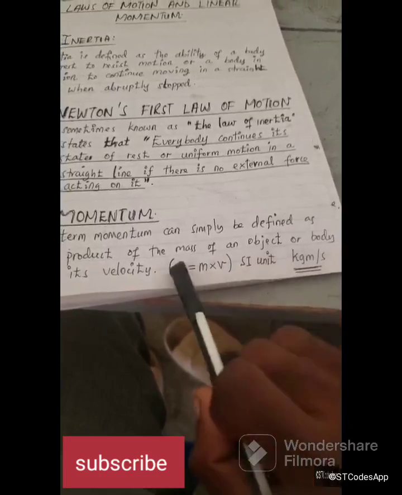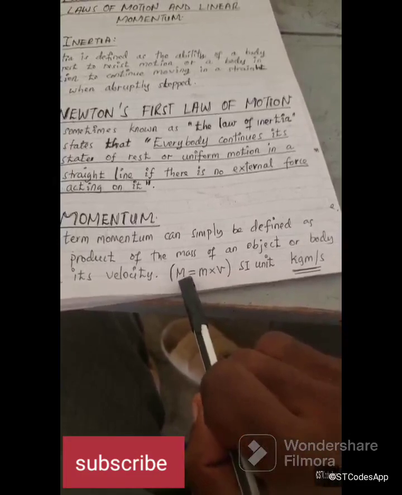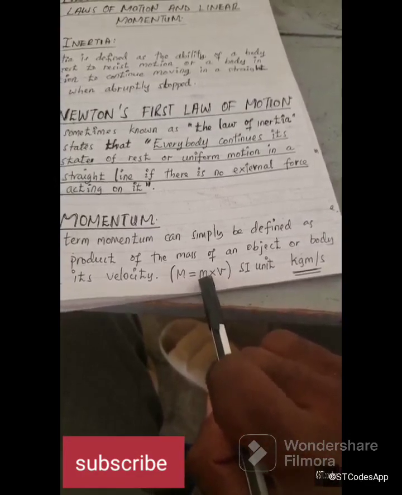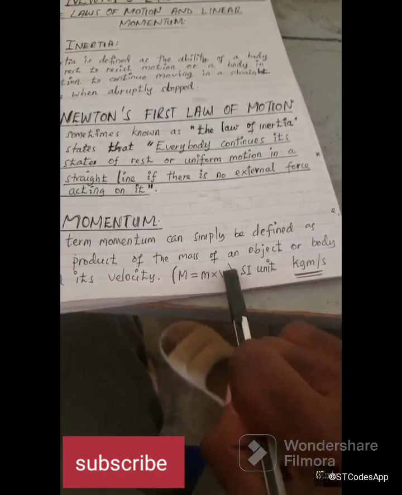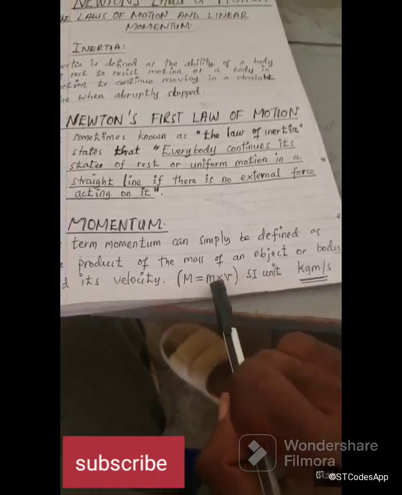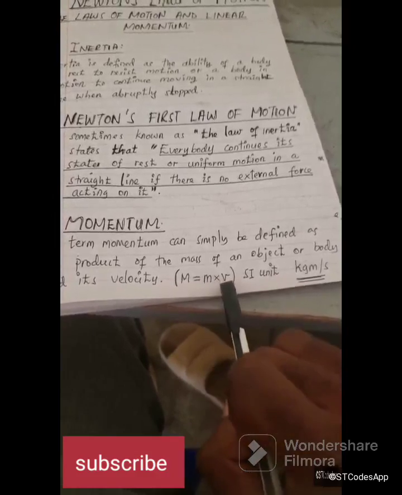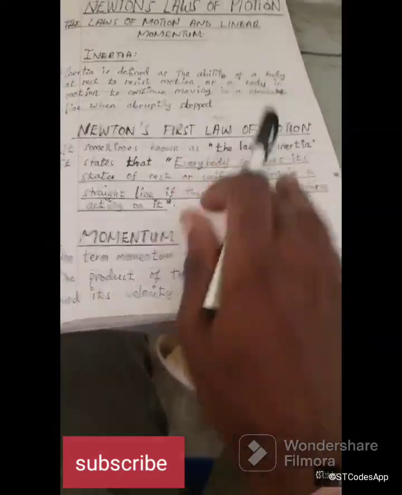This unit is derived from the equation p = m times v, where p represents momentum, small m means the mass of the body, and v means the velocity of the body. So in order for a body to have momentum, it must possess some mass and also have a certain velocity.